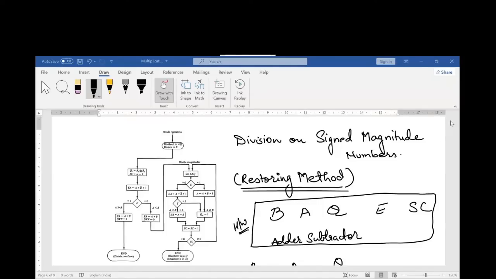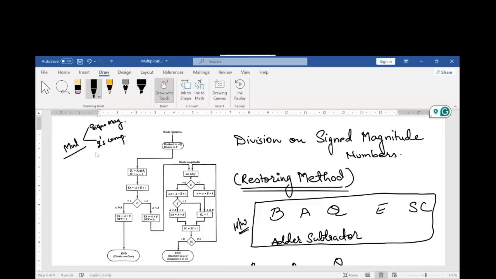In today's session, we'll be discussing division on sign magnitude numbers. In the previous lecture sessions, we had seen different algorithms for multiplication of sign magnitude numbers and multiplication for 2's complement numbers. Right?